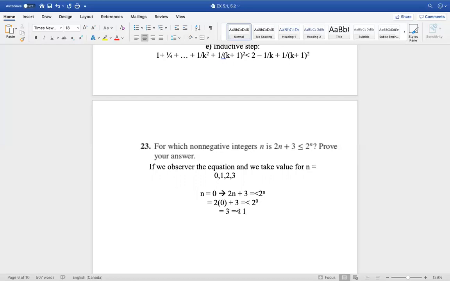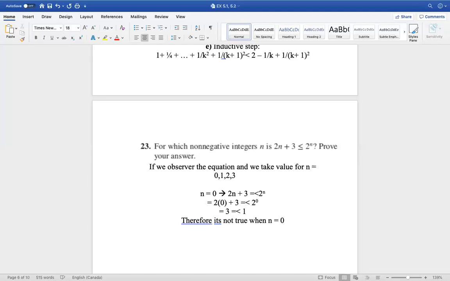So 3 is less than or equal to 1, therefore it's not true when n equals 0, right? So this is the first non-negative integer, 0, and we prove that for 0, this inequality does not hold.